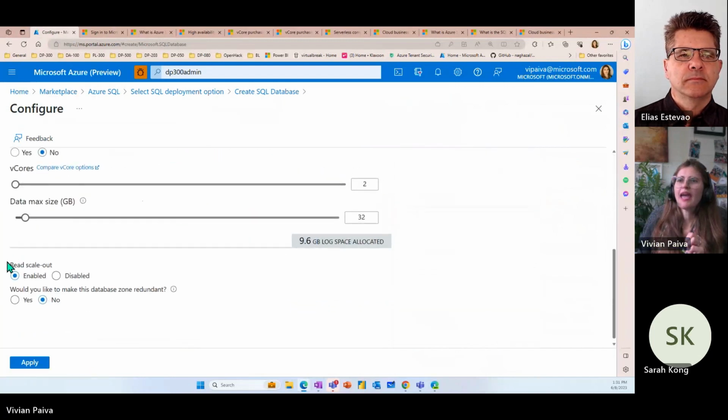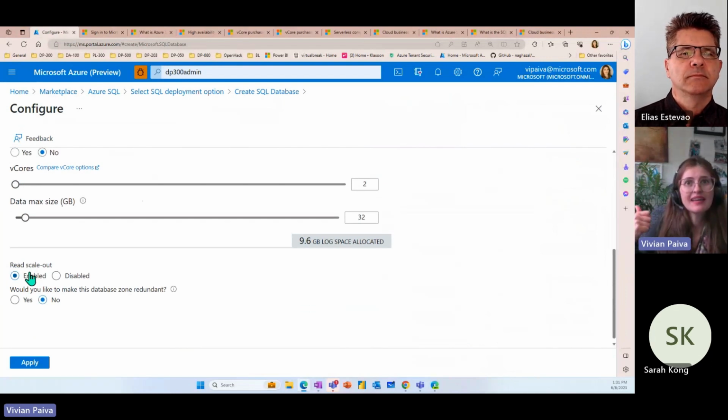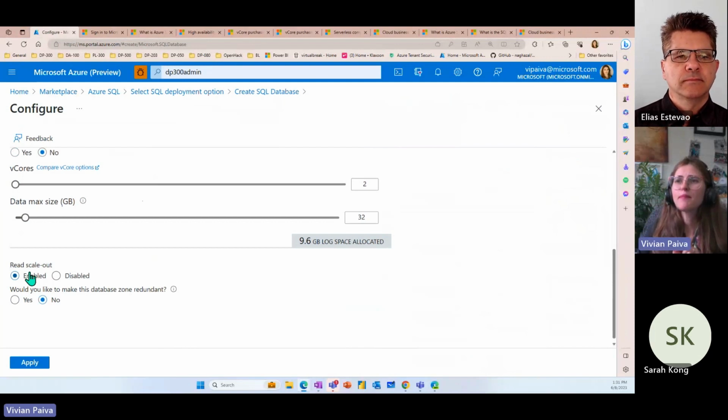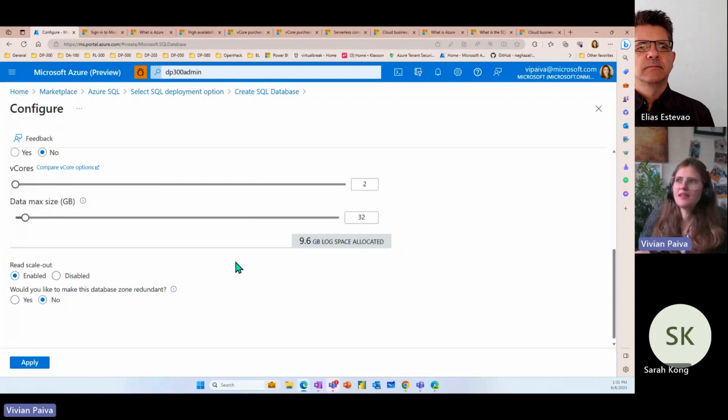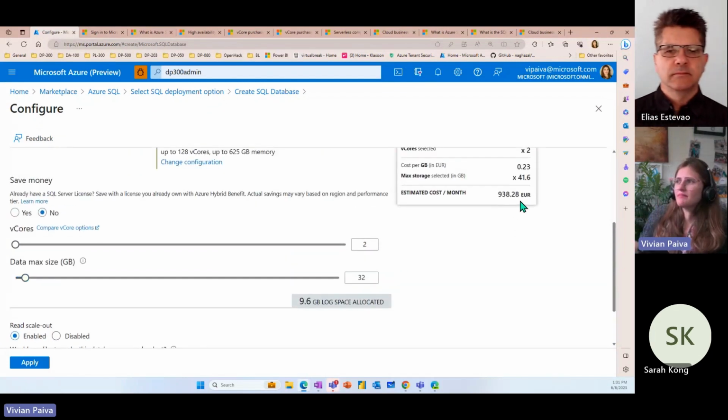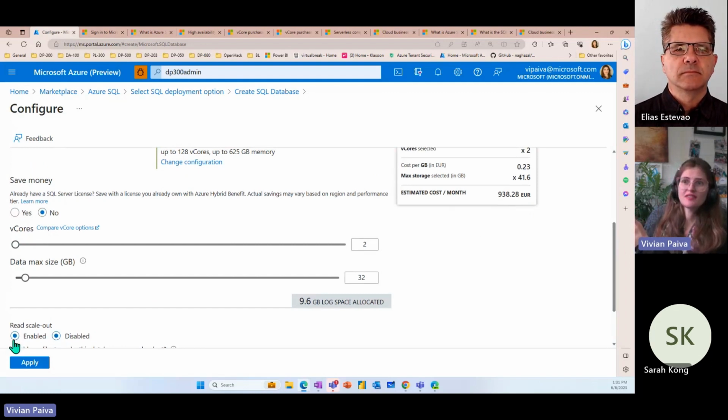look at that. I even have here an option to read from one of those replicas that are deployed in the background for you. And I'm not going to pay more to use one of those secondary replicas as a read scale out. If it's enabled, for now I'm paying almost €1,000, but if I disable it, there is no cost associated with this.